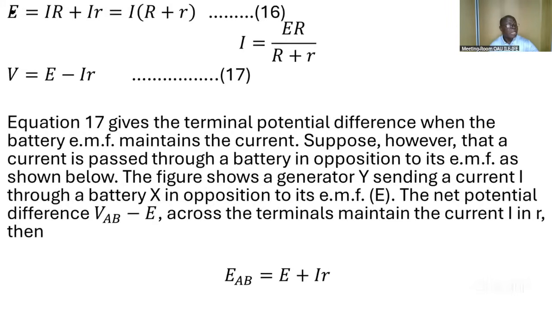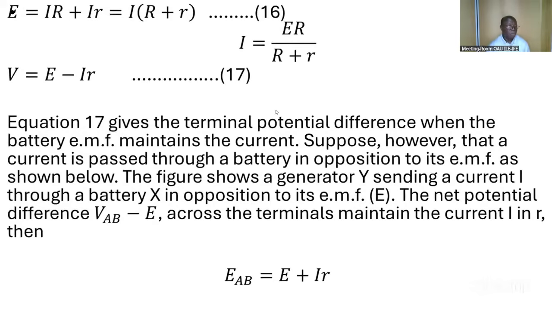I can rearrange: big E minus Ir is equal to big V, which is IR. By the time you simplify, you get I is equal to E over big R plus small r. That is very, very important.